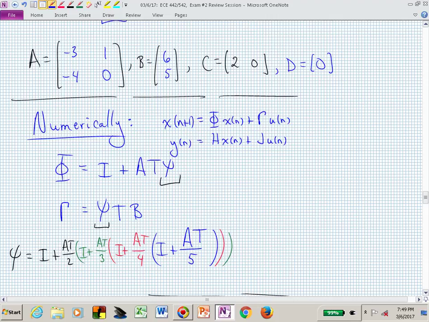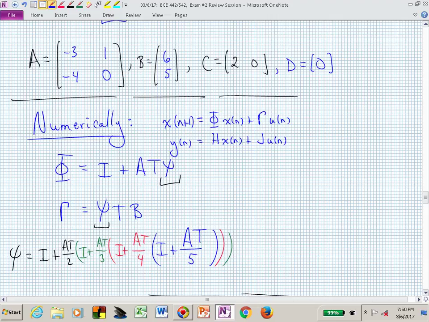But probably if you go up to 5, that's probably enough to be accurate enough for this class. You could go to 4 and it's probably accurate enough. And here I tried to do it in colors to emphasize the nested behavior of that numerical computation.